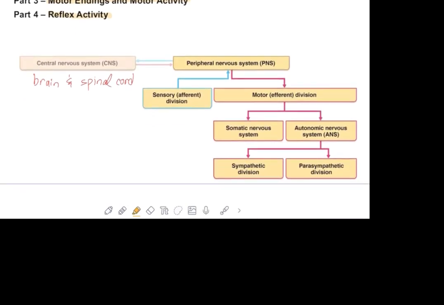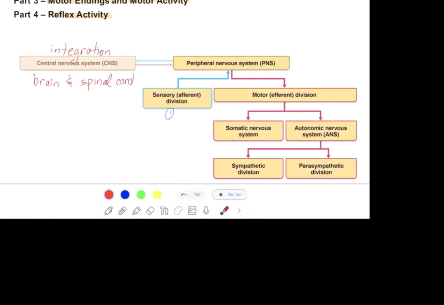When we look at this diagram here, you first can see the sensory or the afferent division. This is where the receptors are going to be located. So then the signal travels from the sensory division through the peripheral nervous system into the central nervous system. And as you know, the central nervous system is the site of integration, where the decisions are made.